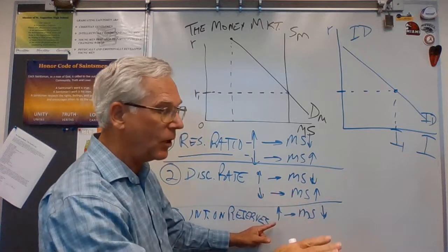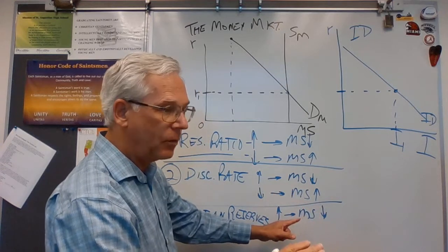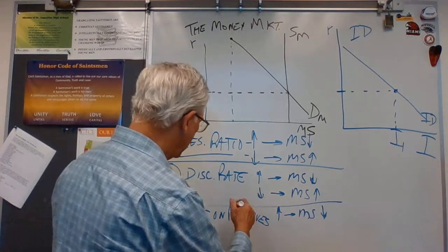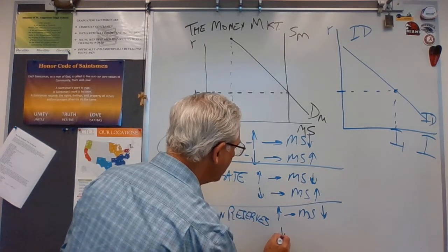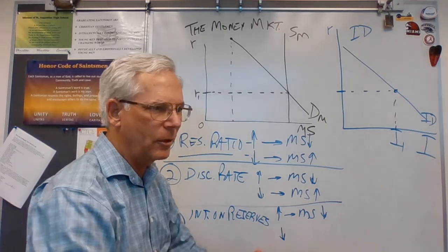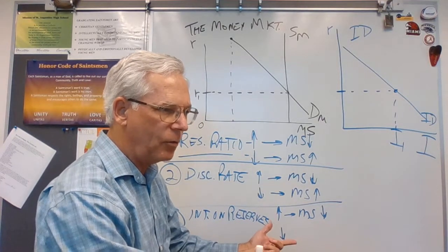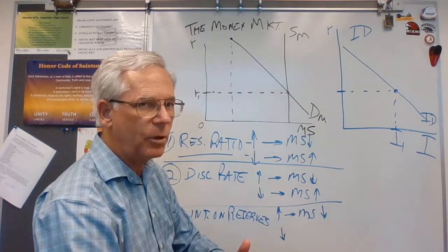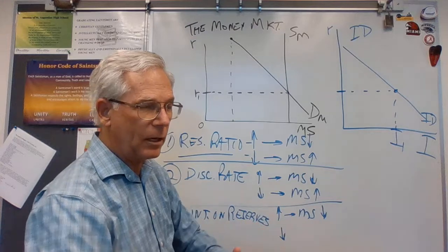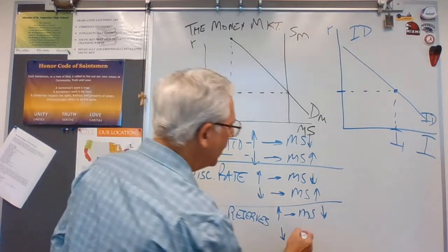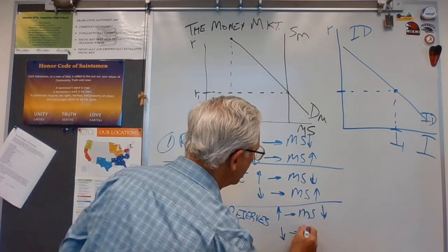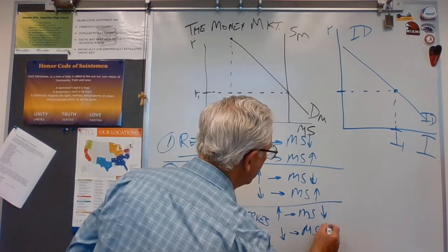They don't want to lend those excess reserves out, so the money supply goes down or stays down. And if we reduce the interest rate paid on reserves, banks say, you're only going to give us 1 or 2% on the reserves we hold. We can lend the money out to customers and expand the money supply and gain a lot higher rate of interest on that. So lowering the interest paid on reserves will cause the money supply to increase.